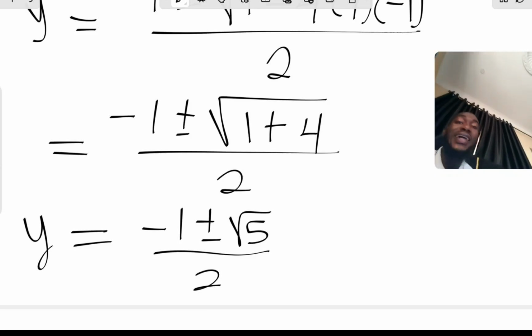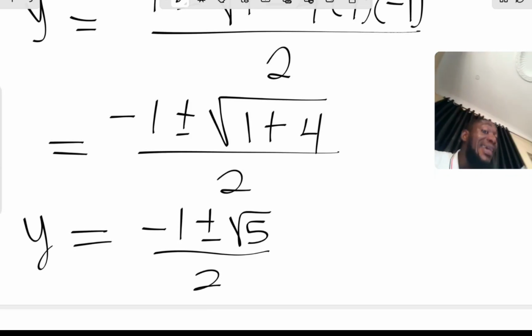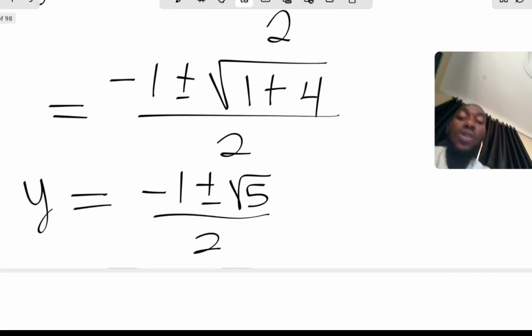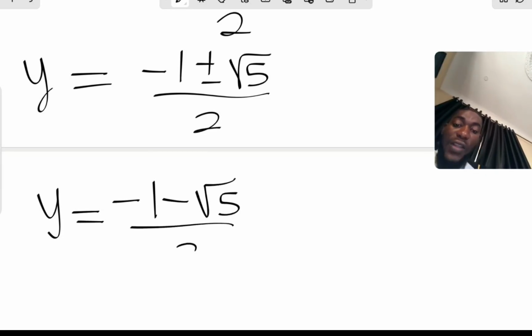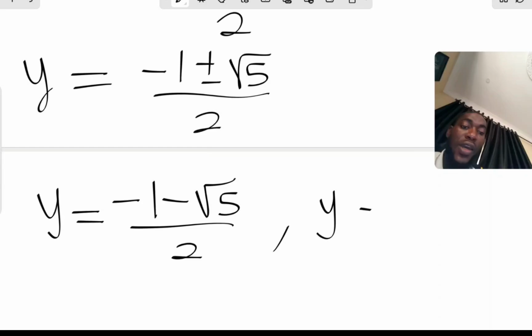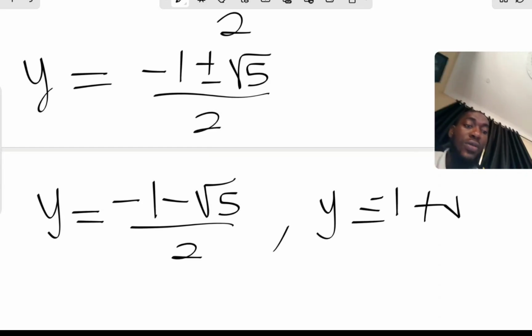And we should recall that I said that our y must be greater than 0. Since our y is greater than 0, we are going to take the positive root and leave the negative root.